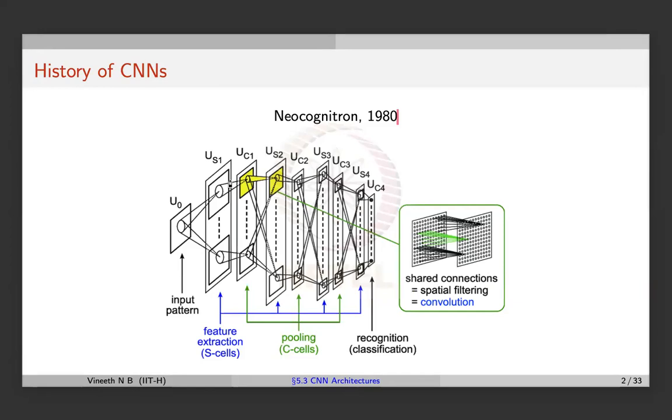Here is the input pattern, named U0, and the initial name of the convolution layer was S cells. They used these filters to extract features, and that's why they called it the feature extraction stage.